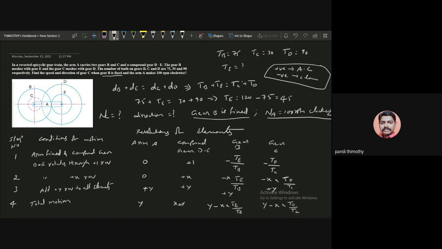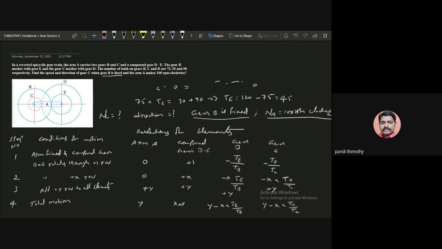To solve this problem, first I am erasing this. I will consider the conditions given. What are the conditions given? The first condition is that gear B is fixed.